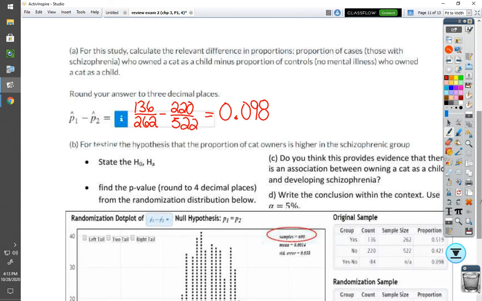For testing the H sub O and the H sub A. Okay, so H sub O, nothing going on, would indicate to us that the proportion of the first is equal to the proportion of the second. The H sub A would say that we are looking to see if P sub 1 is greater than P sub 2, or the proportion.